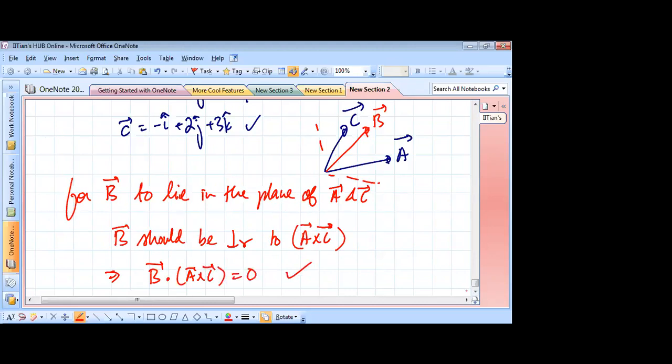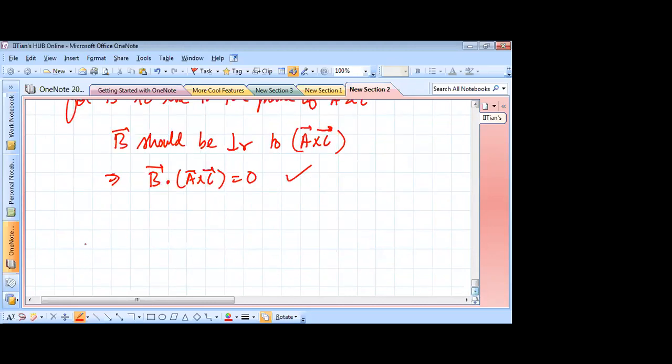So this is the condition we use. Okay, so let's start by finding A cross C. A cross C will be, just pick up those vectors and substitute them in this.